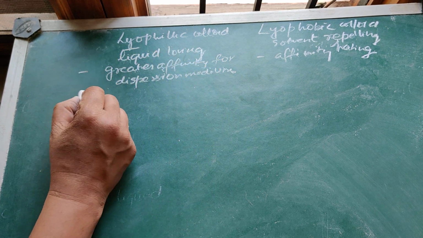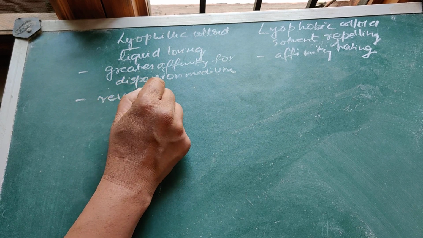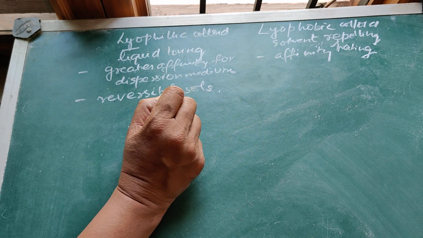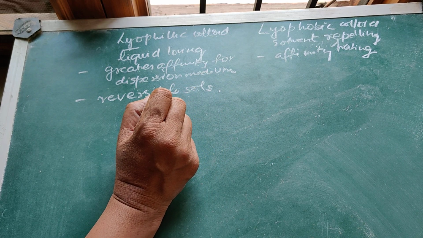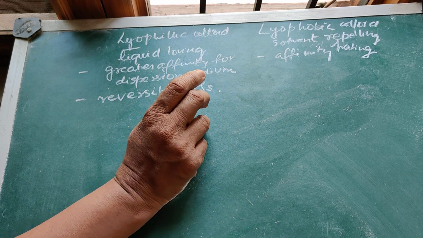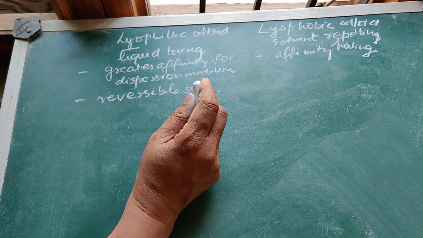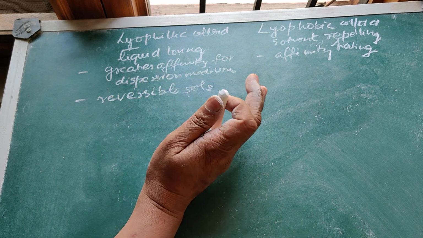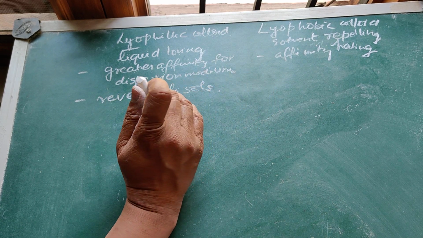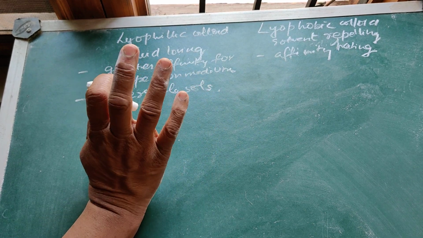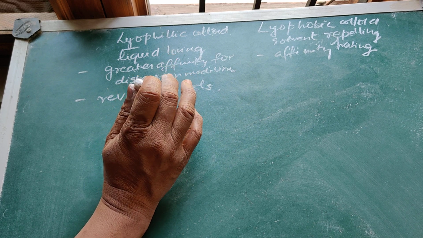Now, nature: lyophilic sols are reversible. That is, if the dispersion medium is separated from the dispersed phase, it can be formed again by simple mixing. Okay, you have a lyophilic colloid, you separate the dispersed phase and medium, and then again if you mix them, you will get the lyophilic colloid.